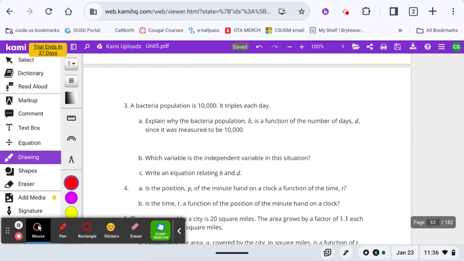Bacteria population is 10,000 and it triples each day. Explain why the bacteria is a function. So again, for every input, there's only one output. You're going to put this in terms of context. For every amount of days, there is only one amount of the bacteria population.